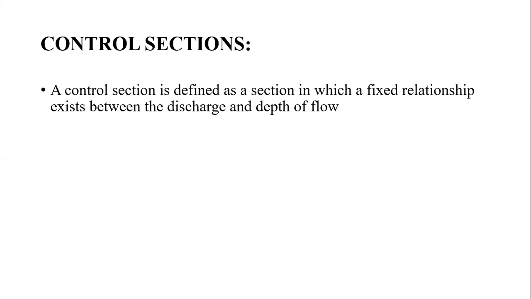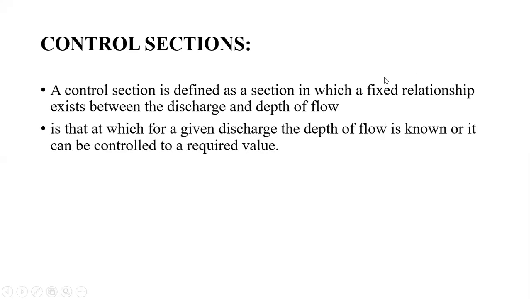And for every water surface profile, there has to be at least one control point. A control point is one at which, for a given discharge, the depth of the flow is known or can be controlled to a required value. That means at that control point we have a definite magnitude for the flow depth, or if we know the flow depth, we can correlate the discharge for that particular section.